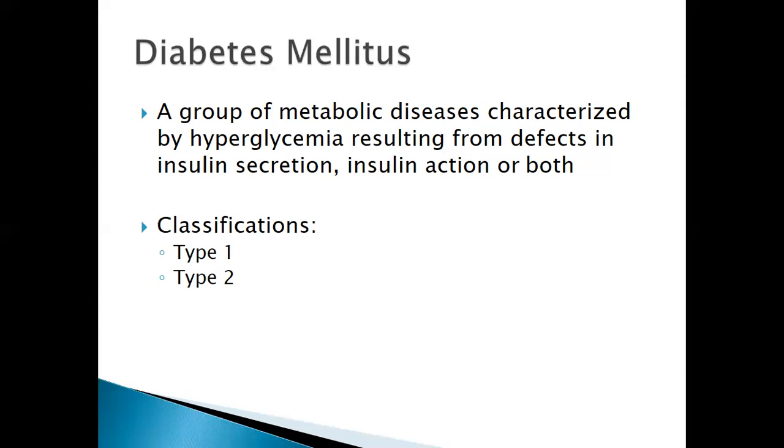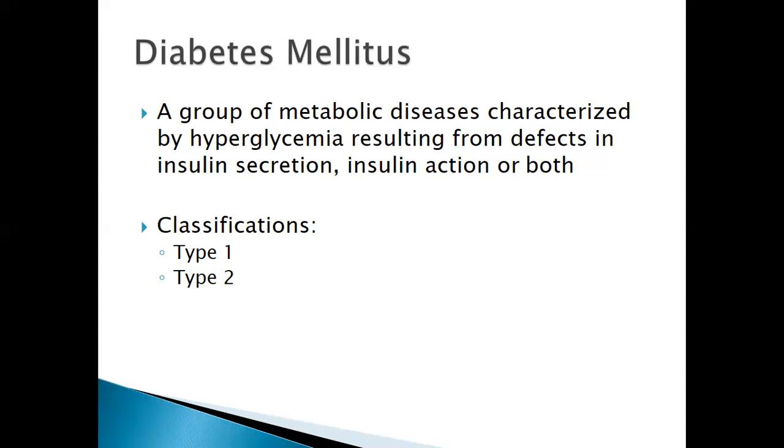Now, a defect in insulin secretion basically arises from the beta cells of your pancreas. So when these beta cells do not produce enough insulin, your cells will not be able to consume or to use the glucose for energy.